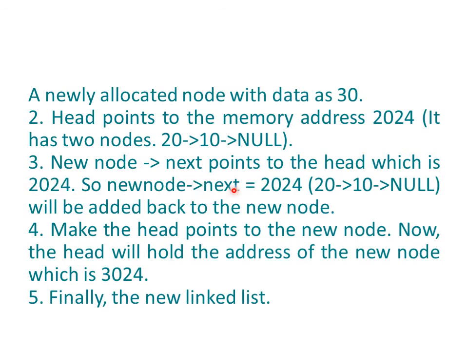So the new node's next will be 1024 added back to the new node. Make the head point to the new node. Now the head will hold the address of the new node, that is 3024. This is the 30 value. Here the value is 30, but the address value is 3024. Finally, the new linked list is formed.